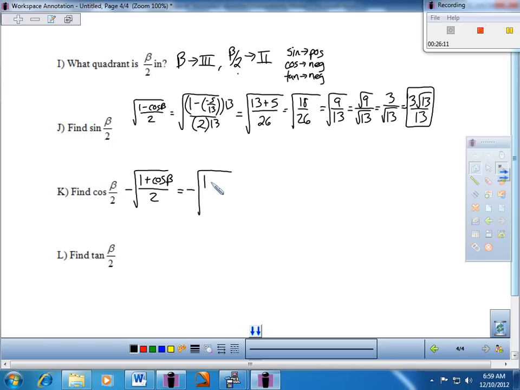So I'm getting 1 plus, so instead of the 1 minus negative 5/13, very simply it's 1 plus negative 5/13. Same idea, everyone. Can't deal with that fraction within the fraction. So my way of cleaning that out is by multiplying everything by that LCD, which of course is 13.